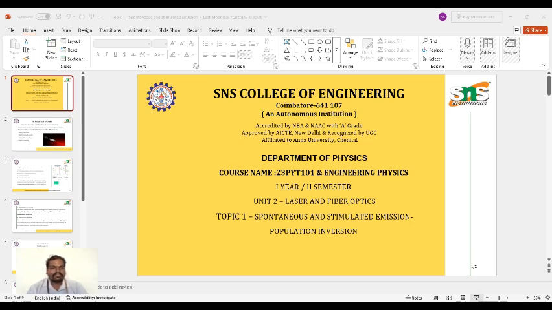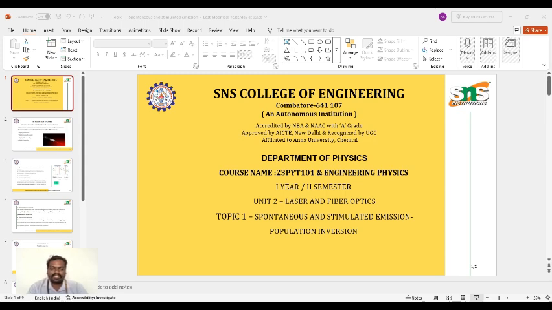The principle of the laser is based on three things: stimulated emission in an amplification medium, population inversion of electrons, and an optical resonator. And what is stimulated absorption?